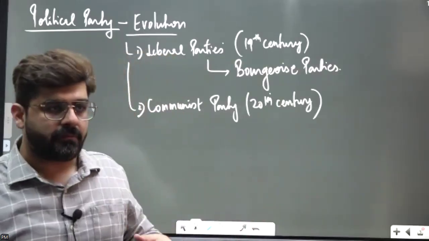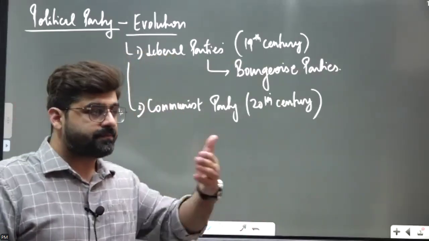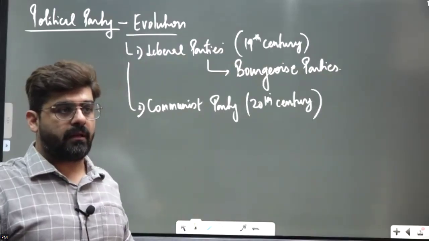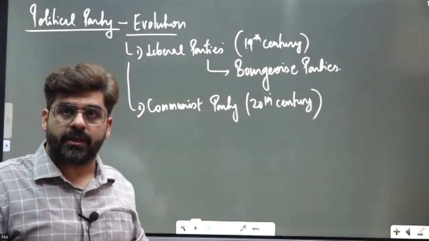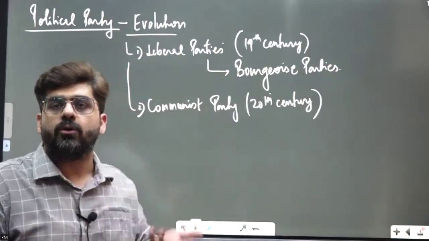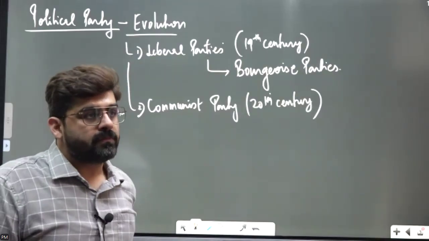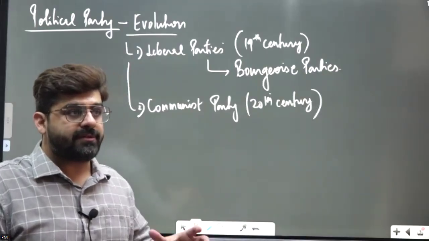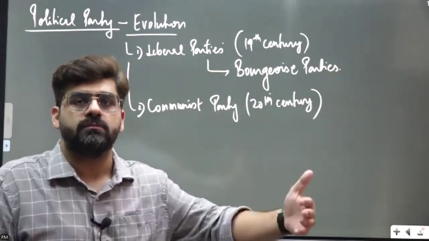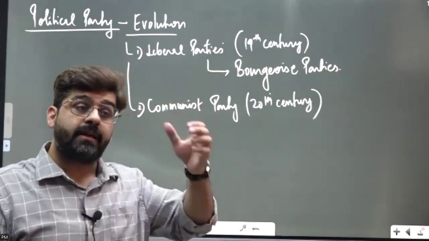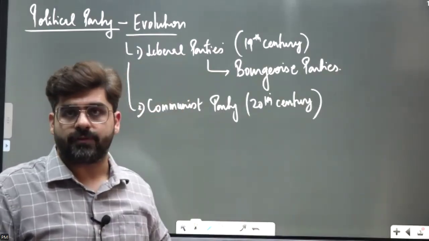And because of this universal adult franchise, a number of people now started impacting politics and a number of people started creating their own political parties. So the Indian National Congress, which started as a certain kind of group, later on became a political party because they were now fighting to get more and more relaxations from the British.